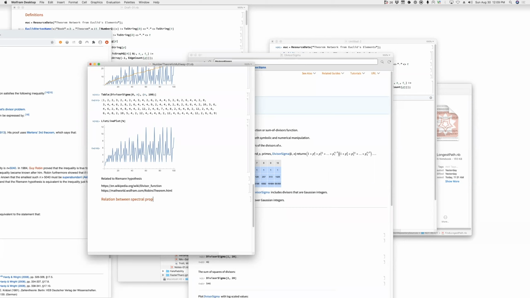I think it's more like some kind of cycle structure.